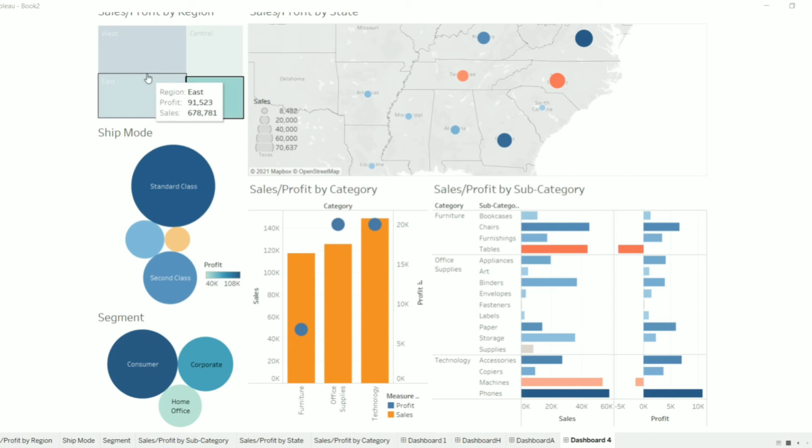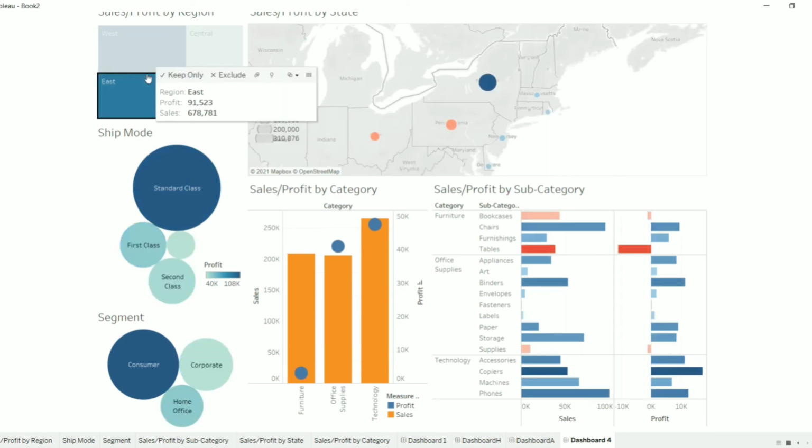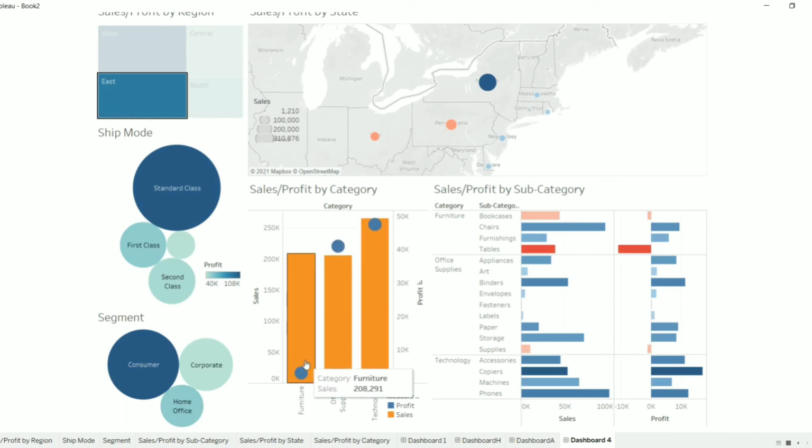Lastly, moving to the East region, Office Supplies and Technology in this region are doing well, and Furniture in this region too is giving less profit, although it is comparatively better than the South region.